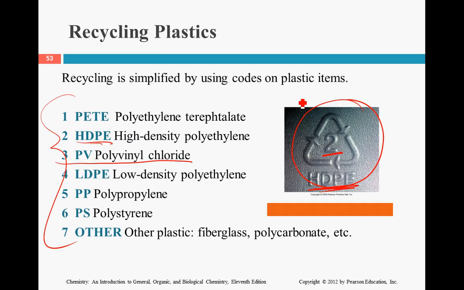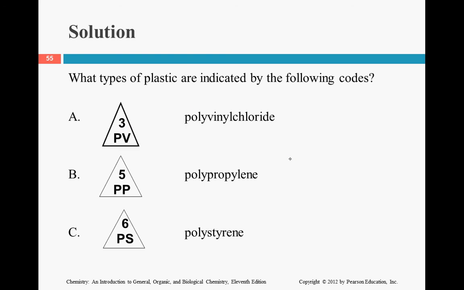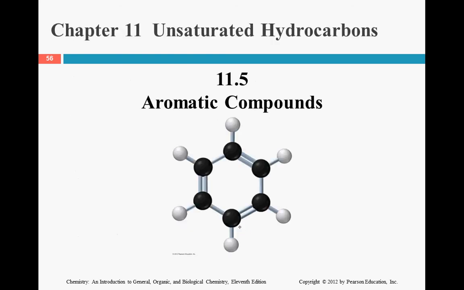Five is PP, which is polypropylene. And 6 is PS, which is polystyrene.